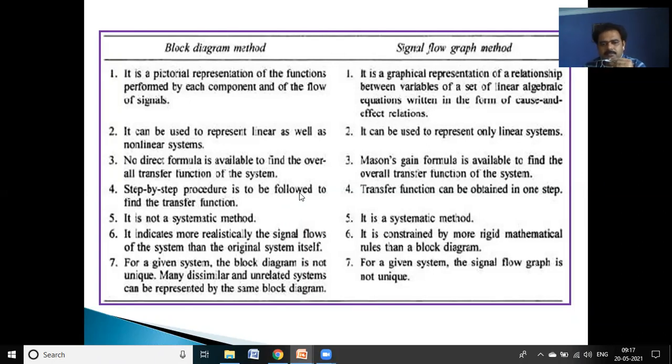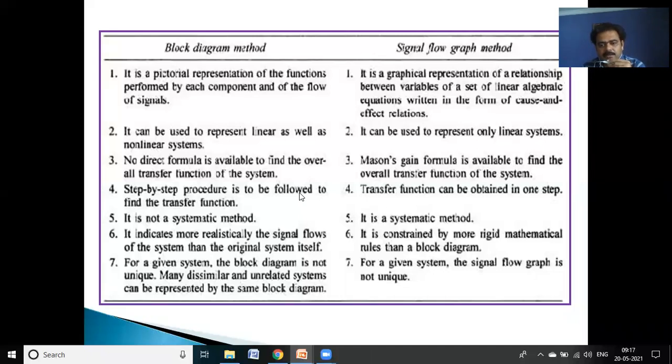And one more person represents the resistance of the armature winding by a single block, the inductance of the armature winding with a single block, and the flux generated inside with some more blocks. Like that it can be represented. So for the same system, the block diagram representation is not unique.